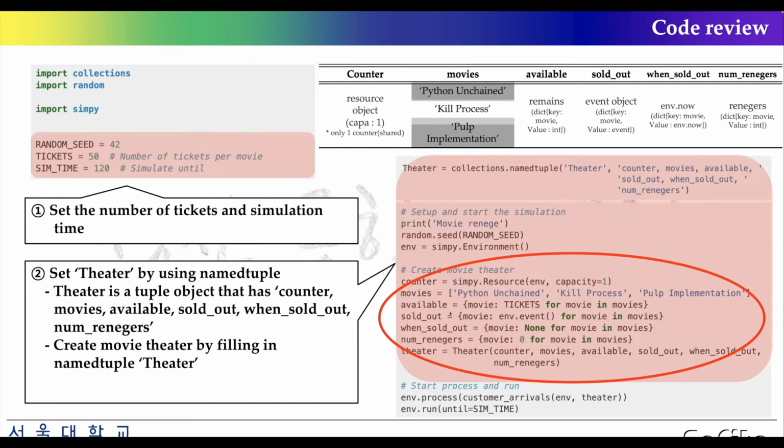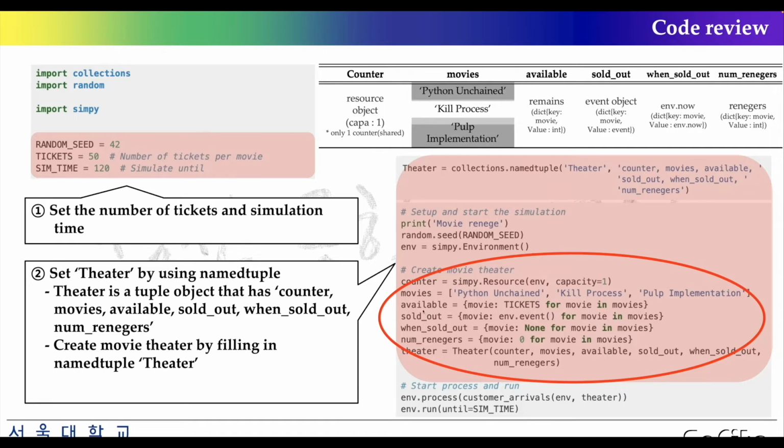And the available variable is a dictionary variable with a key of the movie name. Each key with the name of a movie will have a number of tickets that is defined here.